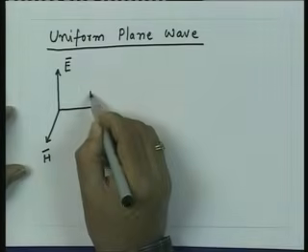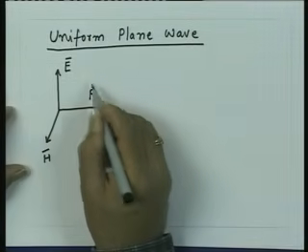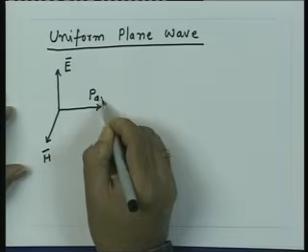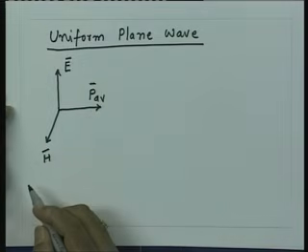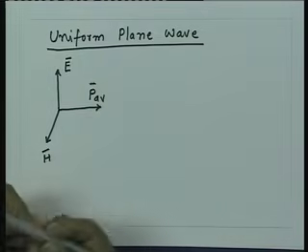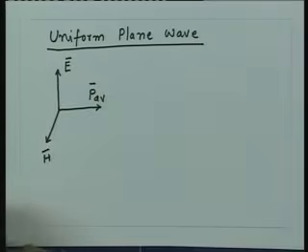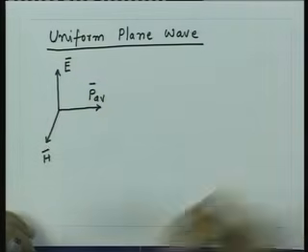So, this is the direction of the Poynting vector P average. Again we can apply the right hand rule to find out whether the power will be flowing in this direction or in that direction.